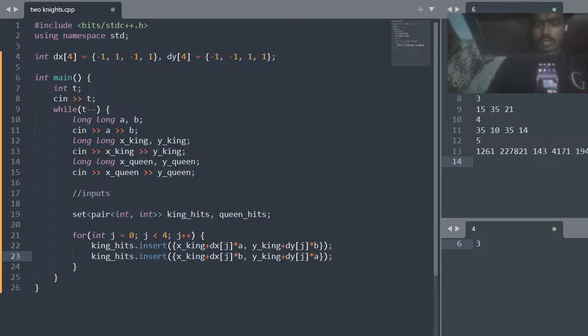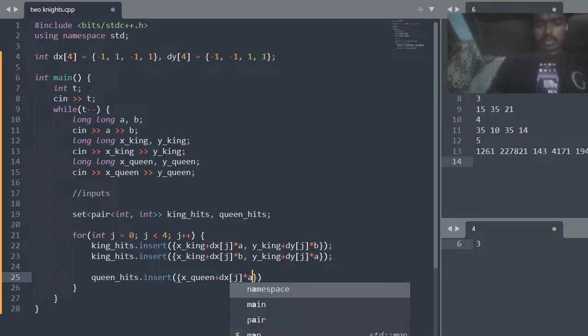So this is queen slash sets dot insert x plus queen plus dx j into a plus y slash j, right?